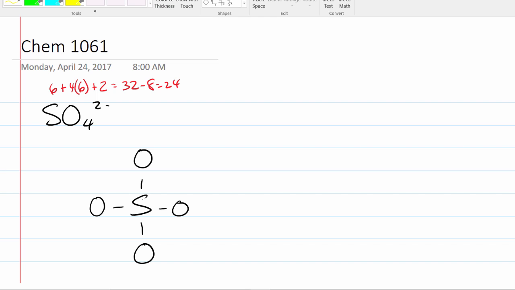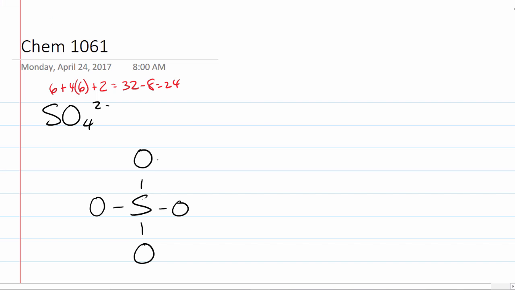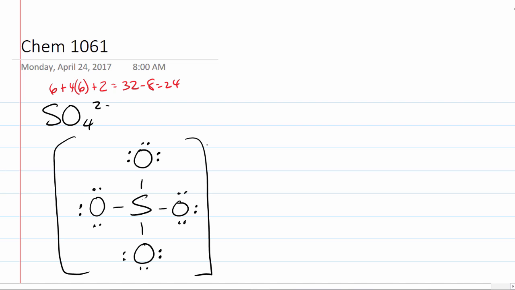And then we put in the remaining valence electrons as pairs to the surrounding atoms. And that would be 10, 12, 14, 16, 18, 20, 22, 24. And so again, we'd kind of left it like this.